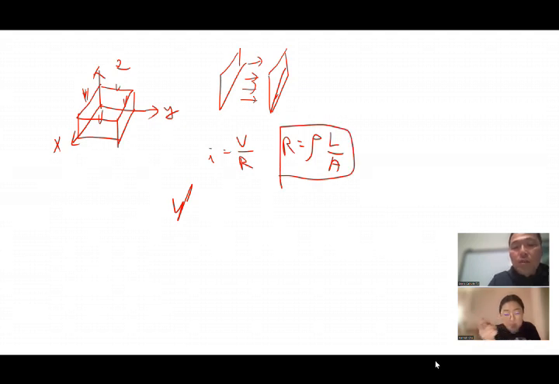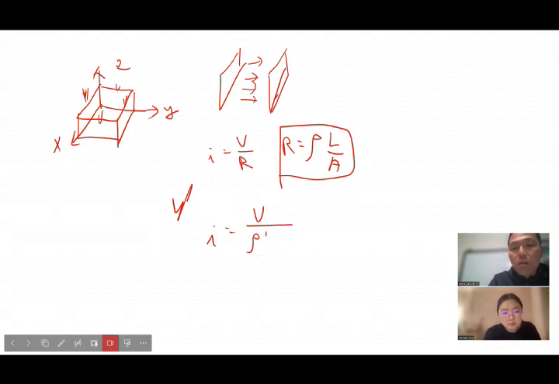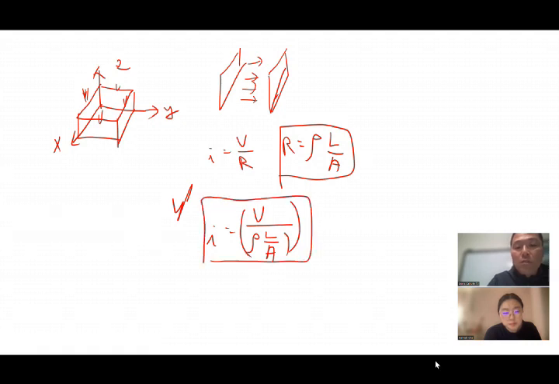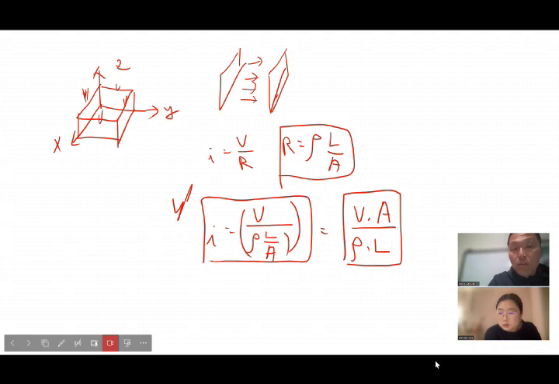Plug that into this formula, then I is V over rho times L over A. Better to use this definition, because then it should be V times A over rho times L. L is the distance, but as you already showed me, L should be different depending on the direction of your current flow, right? So if you divide both sides, I over A, which is J, should be V over rho L.